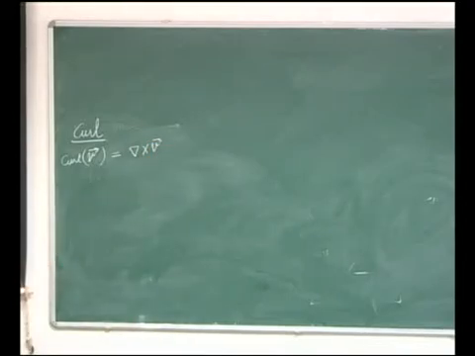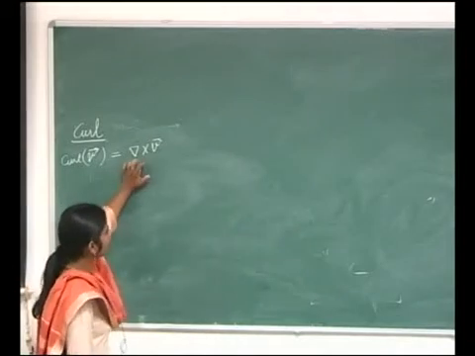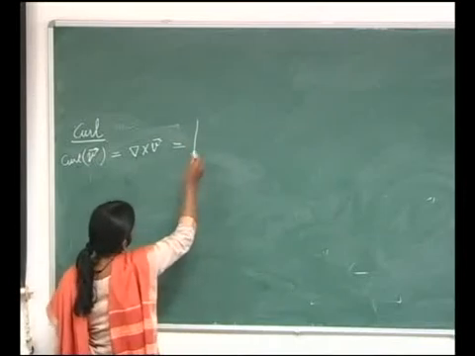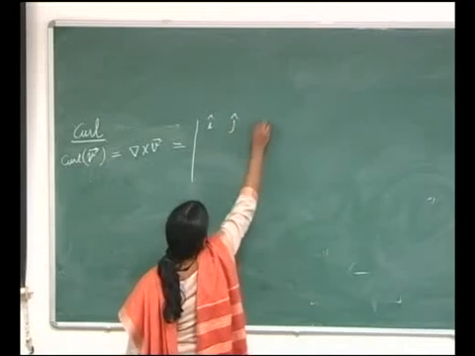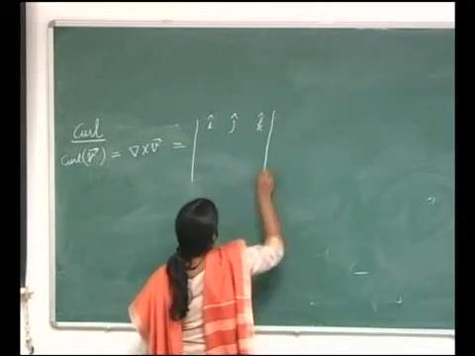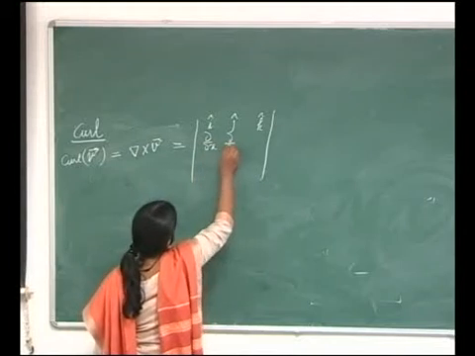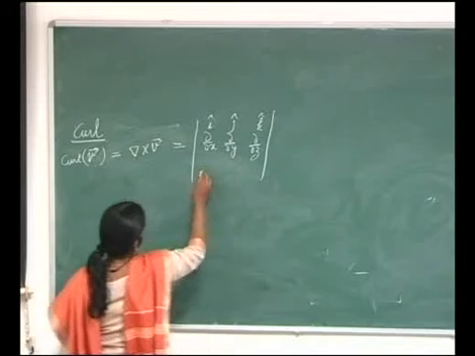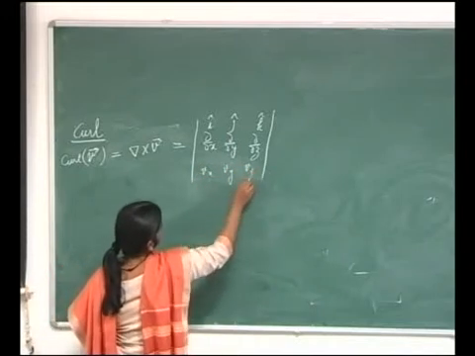In the Cartesian system, we generally calculate this curl by writing a determinant, and that determinant goes like this: i, j, k, then del by del x, del by del y, del by del z, and then Vx, Vy, Vz.